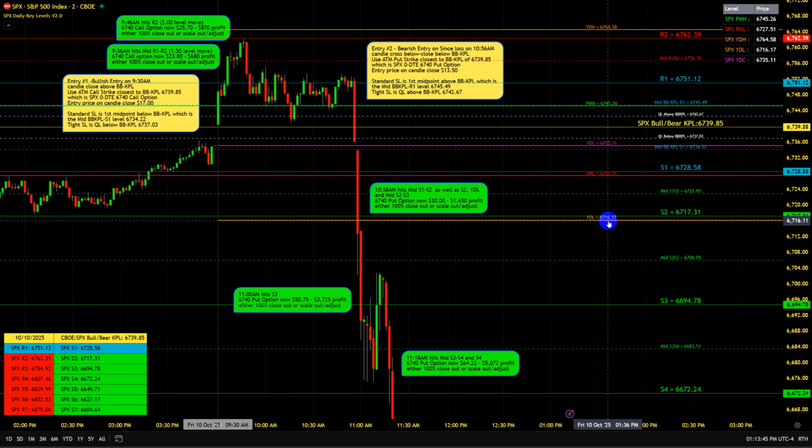Those levels can also be very useful for additional support and resistance levels, depending on the context of the session that we're in. And as we'll get to in a minute, they can also be used for target exits, depending on where they're located in relationship to the amount of the move that has already occurred and whether the minimum target amount of a minimum required move has already been met.